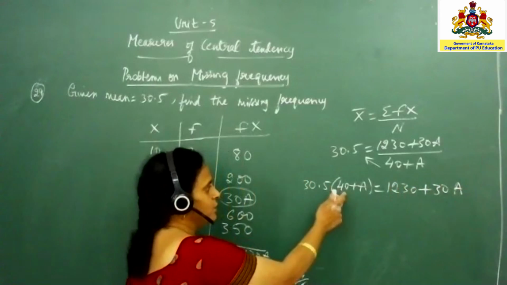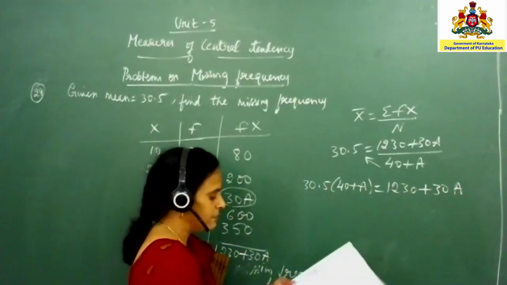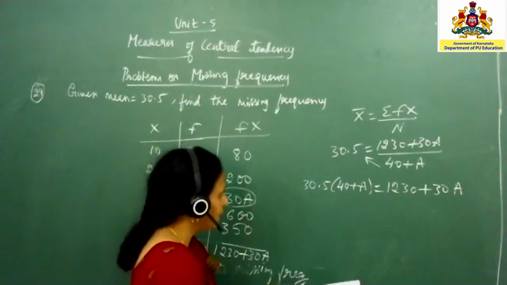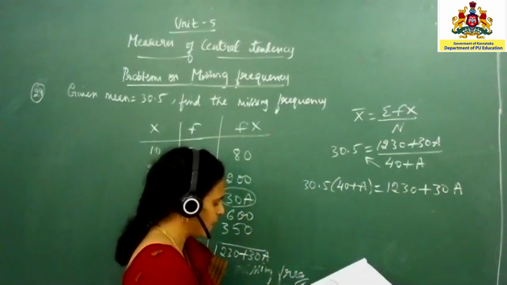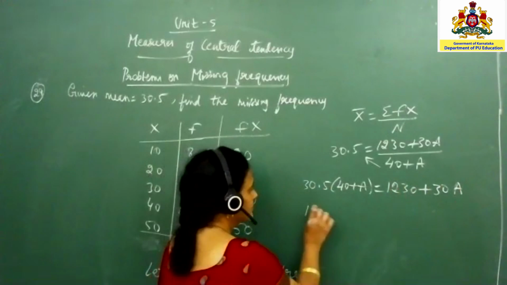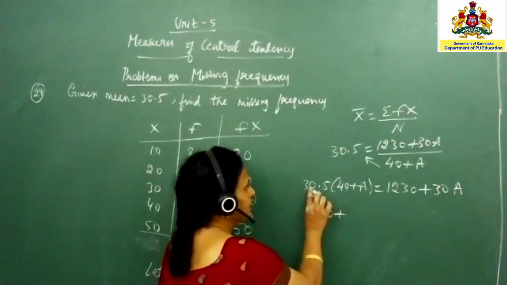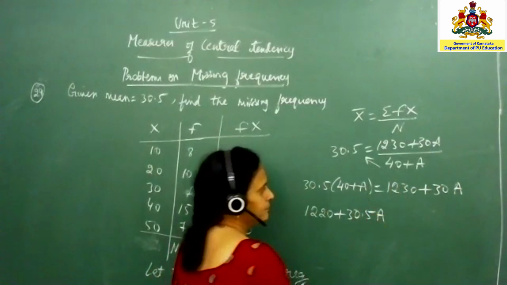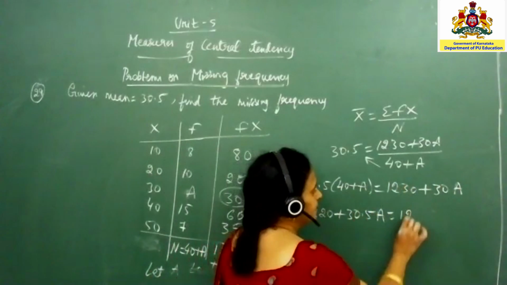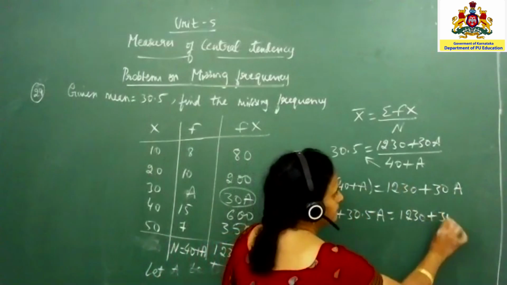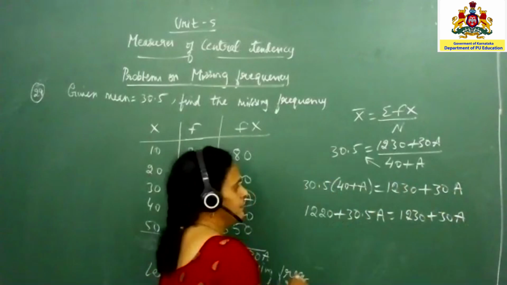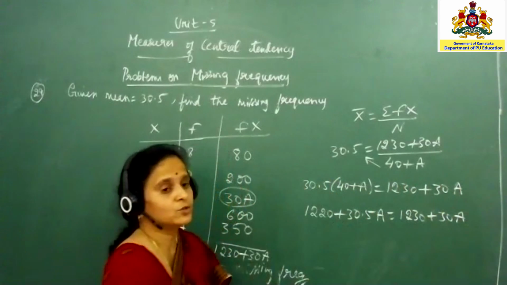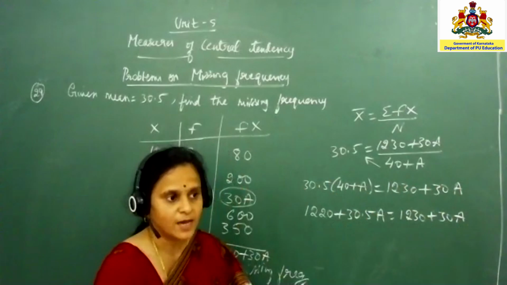So next step, I should multiply here. If I multiply 30.5 into 40, I am getting 1220, plus 30.5 into a is 30.5a, equal to the right side. I just keep it as it is. Next, I'll keep all a values to one side and all remaining values to the other side.